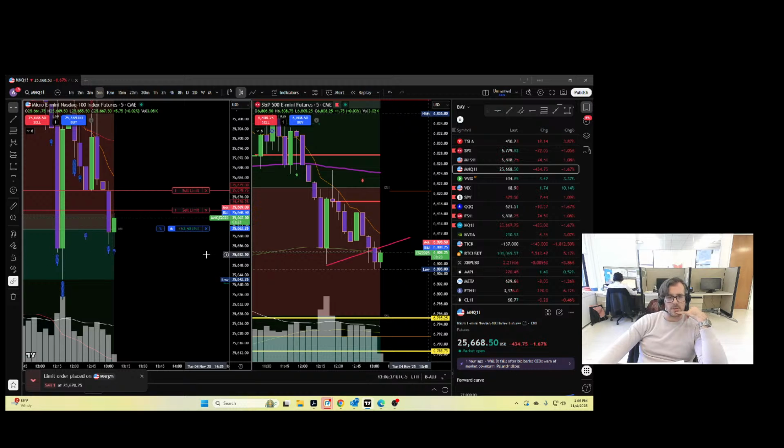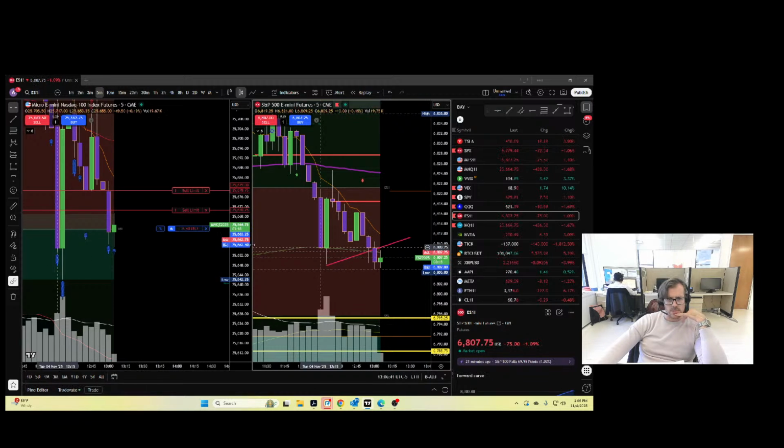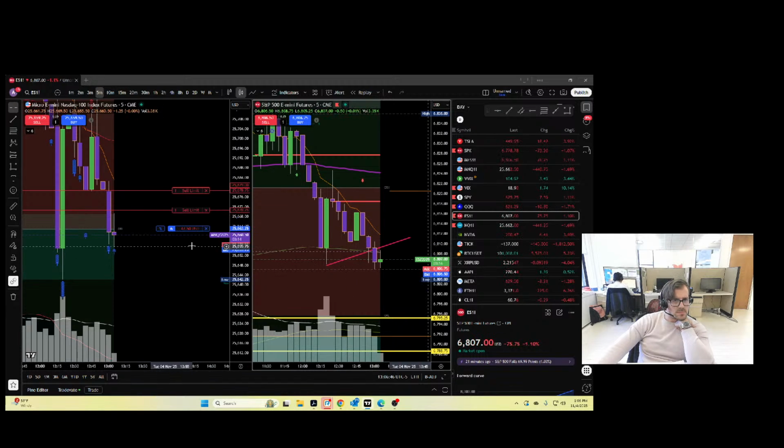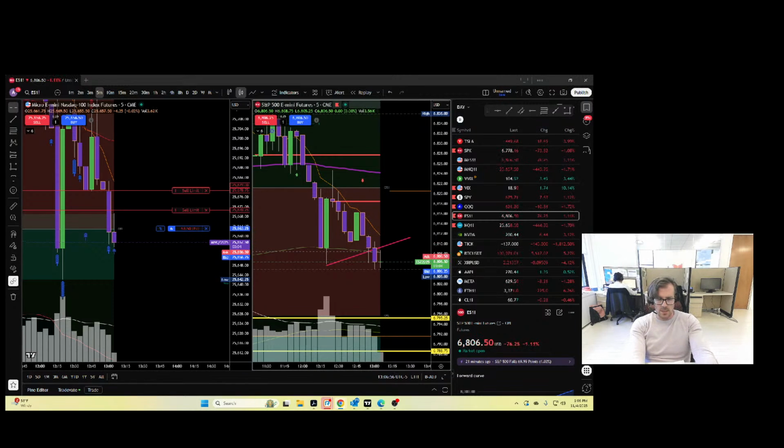It's just scalping, which looks like it's going to hit that area again. Anything else you want me to look at? So NQ, done.